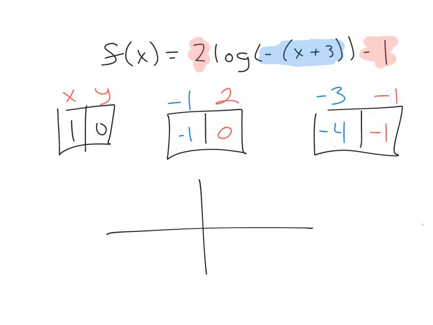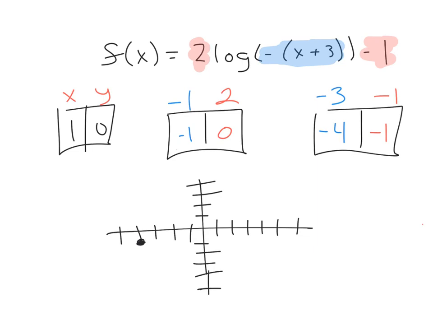So let me get some ticks going. I think that's enough. All right. And so let's do -4, -1. So 1, 2, 3, 4, and 1. So it's going to be over here.